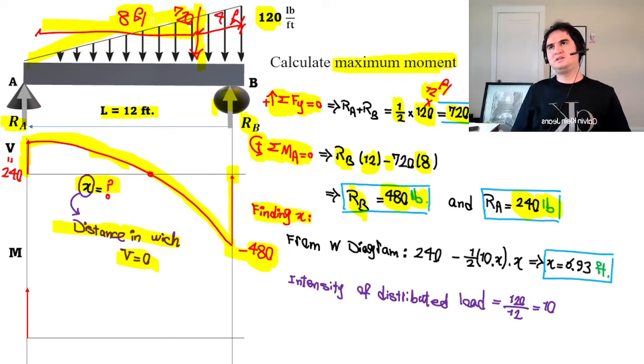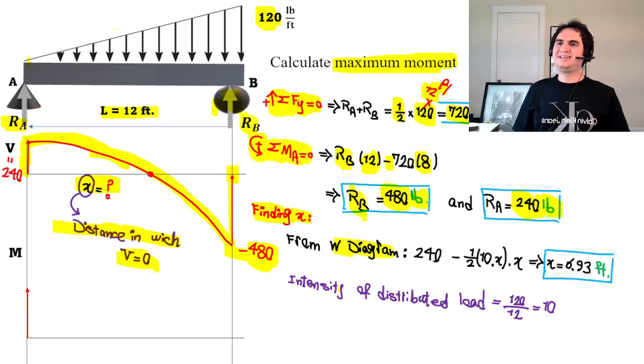If you look at the W diagram more carefully, the intensity of the distributed load is found by dividing W by the length. 120 over the length of beam AB gives you 10, and that's the intensity.